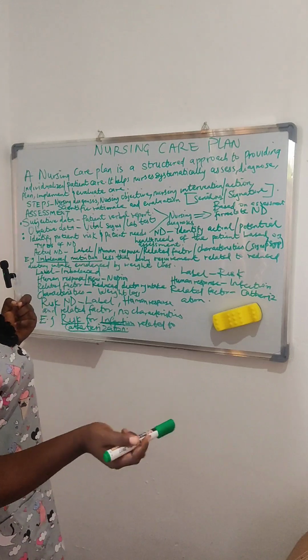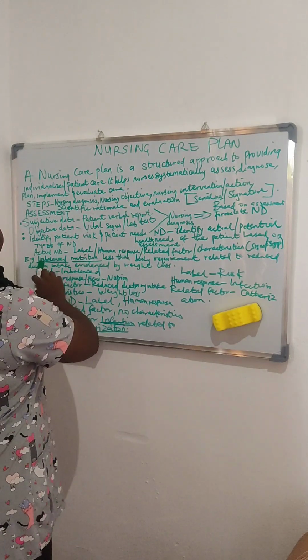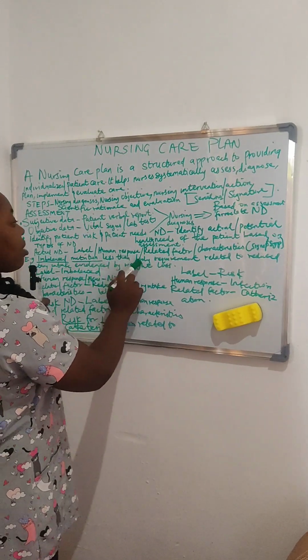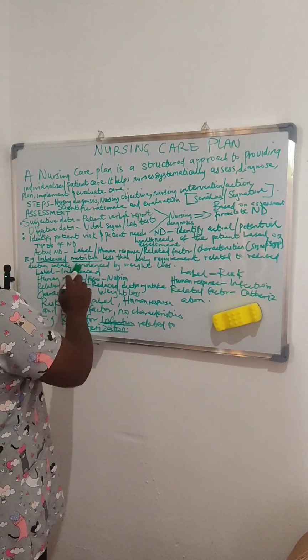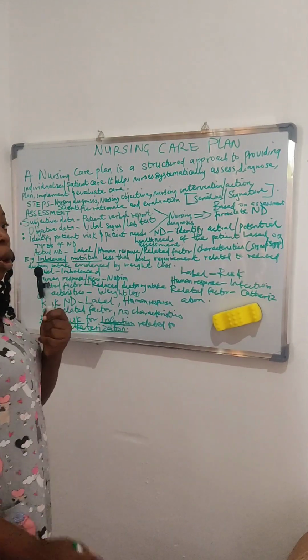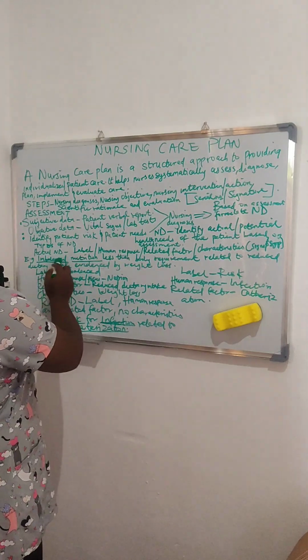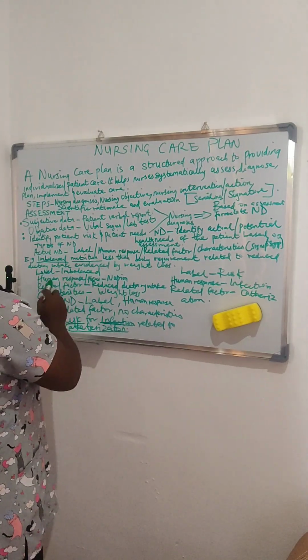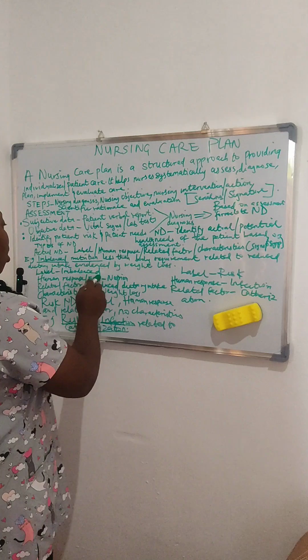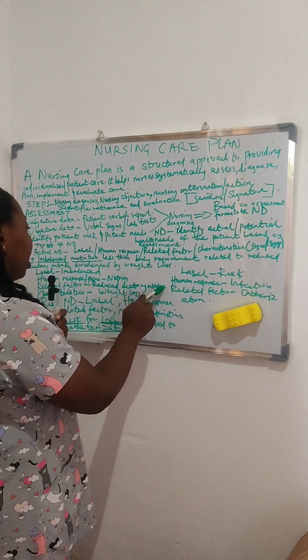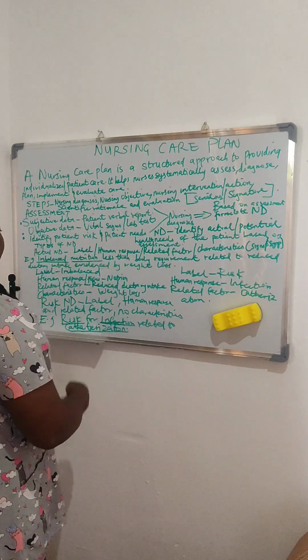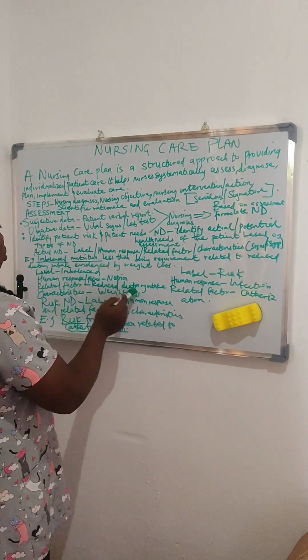An example of actual nursing diagnosis is imbalanced nutrition, less than body requirements, related to reduced dietary intake, evidenced by weight loss. The label is imbalanced. The human response or focus is nutrition. The related factor is reduced dietary intake. The characteristics, which are the signs and symptoms, is weight loss.